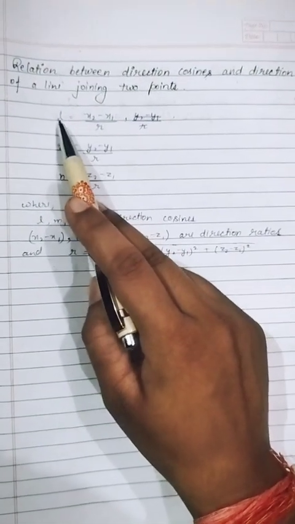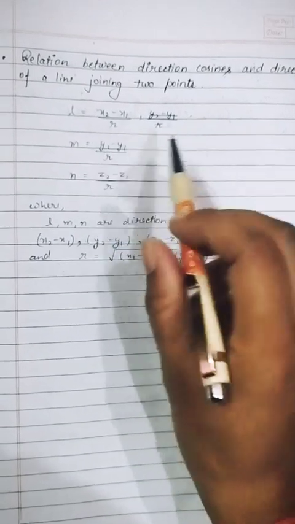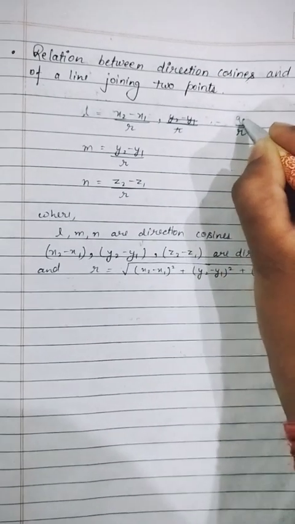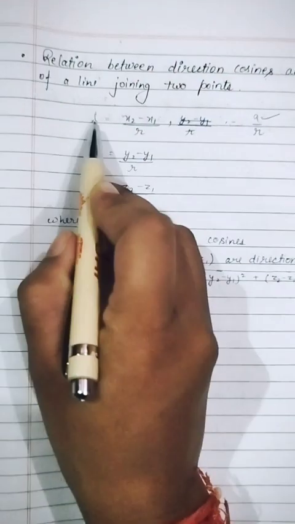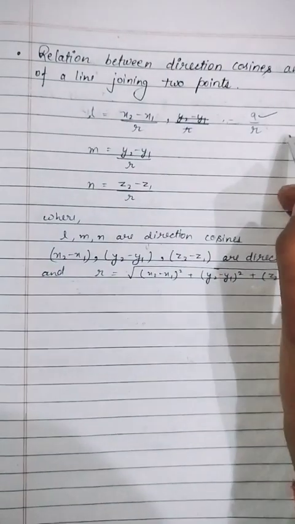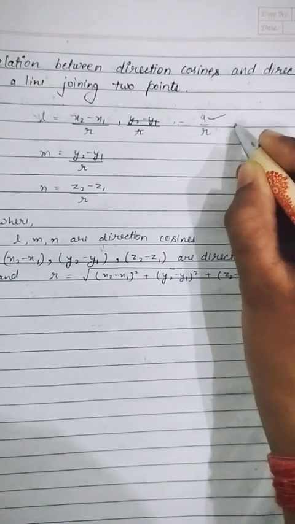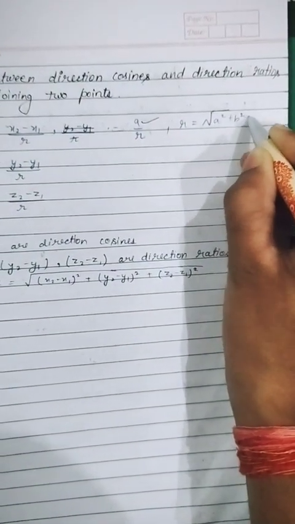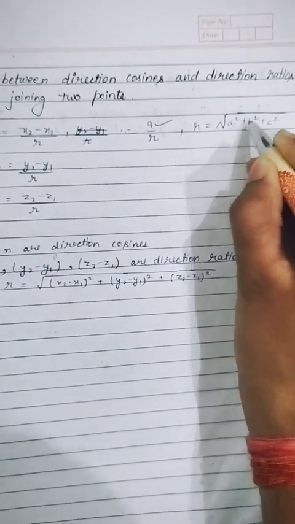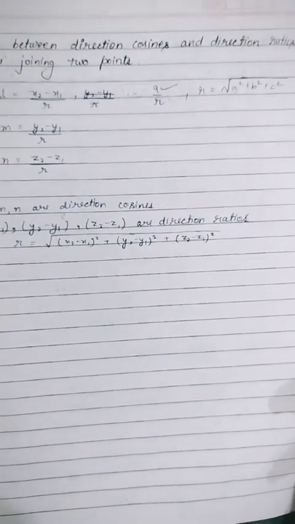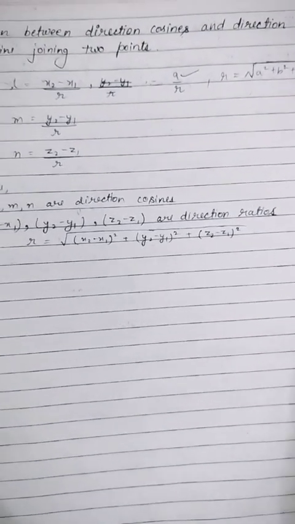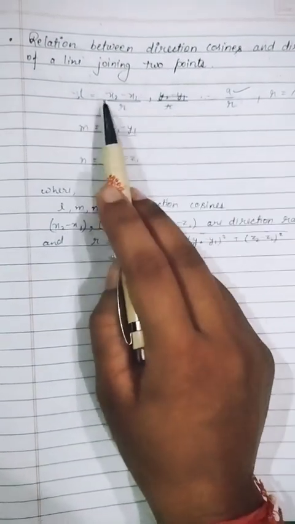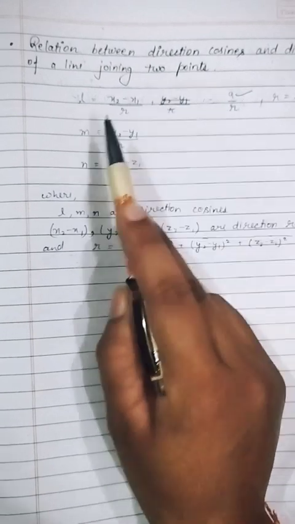So here L is equal to x2 minus x1 upon r, and we can say x2 minus x1 as A, so L is A upon r, where A is the direction ratio and L here is the direction cosine, and the value of r is under root a square plus b square plus c square, where A, B, C are the direction ratios along x, y and z axis respectively. So this is basically the relationship between direction cosines and direction ratios.